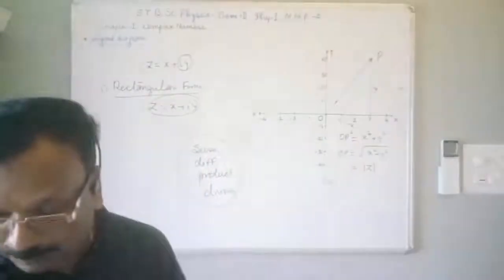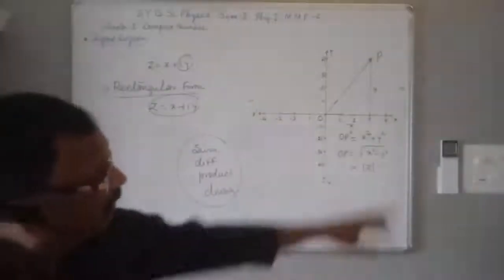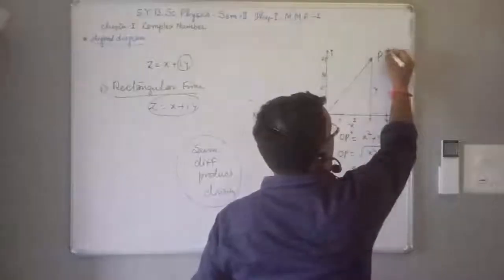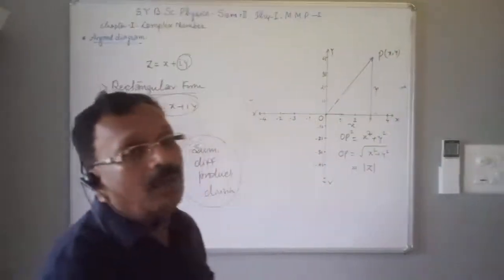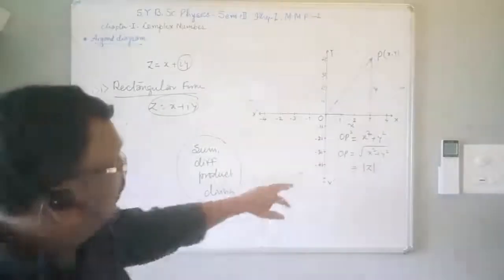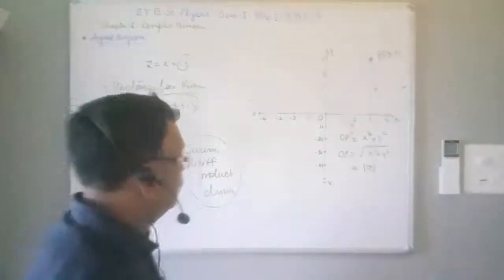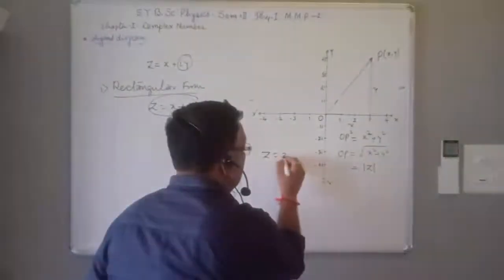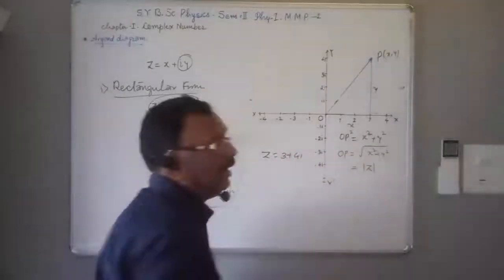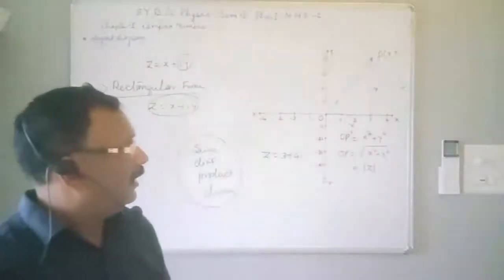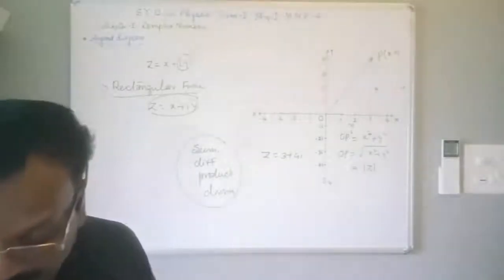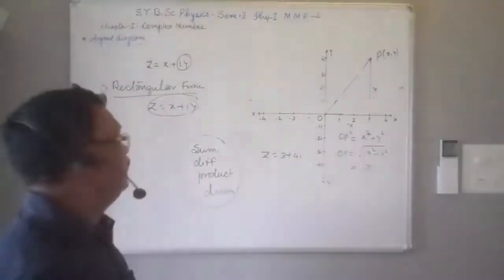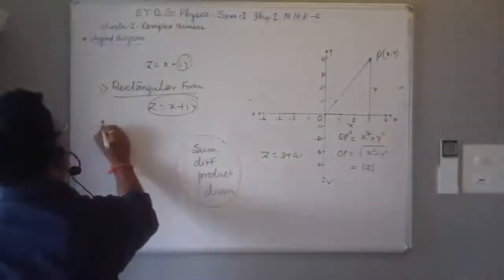Okay. The point P of xy represents a complex number z is equal to 3 plus 4i. Remember again that a point on a complex plane represents one and only one complex number.